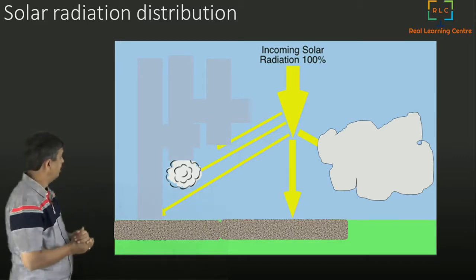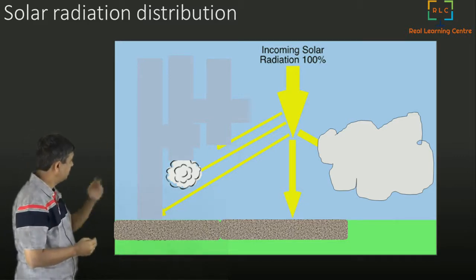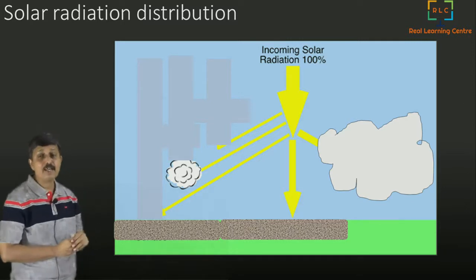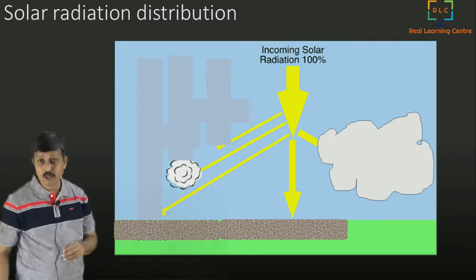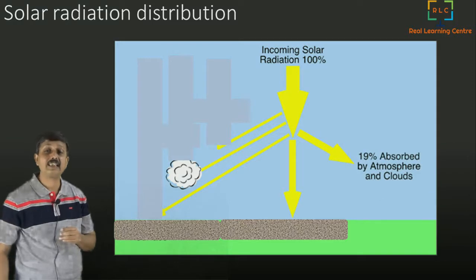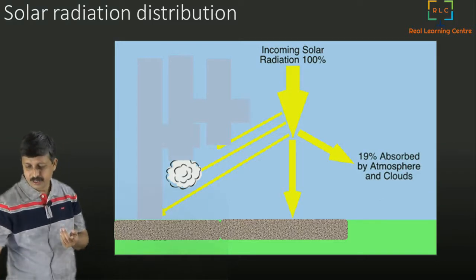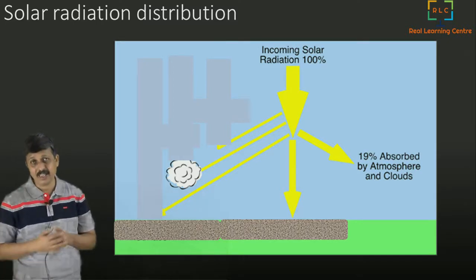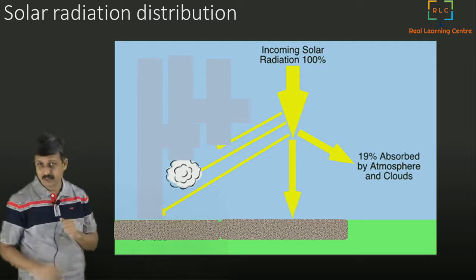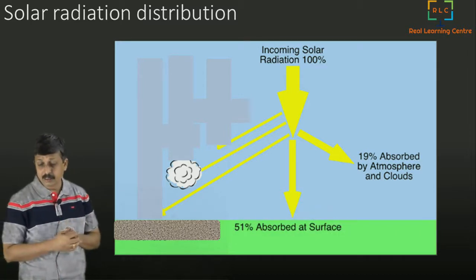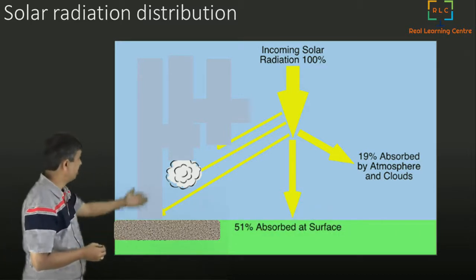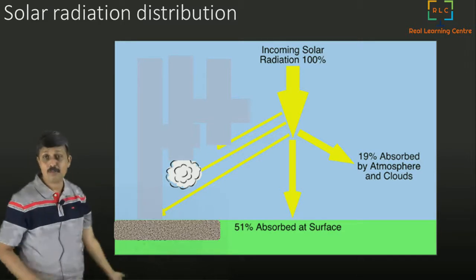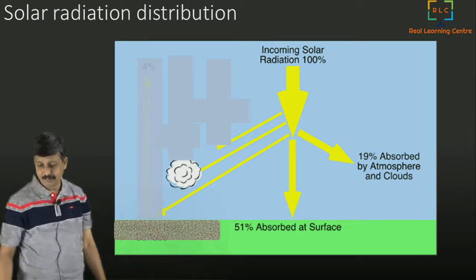If the sun's rays are coming to earth, a great percentage of that is absorbed by the earth itself. 19% is absorbed by the atmosphere, and then earth absorbs 51%. Half of the sun's radiation is absorbed by the earth's surface.